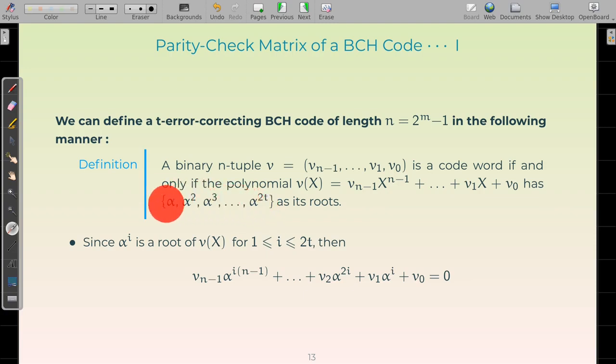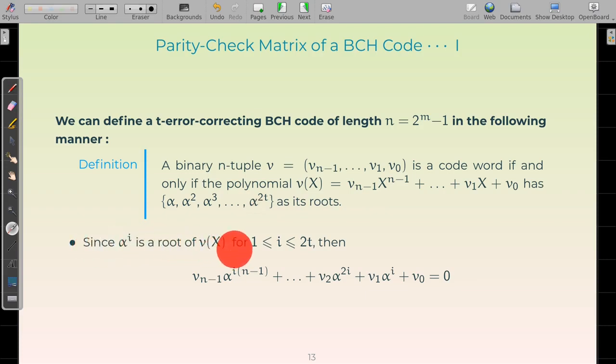If you recall, these are the roots of the generator polynomial, and since this code word v(x) is simply the message polynomial times the generator polynomial, v(x) should also have these as its roots, right?